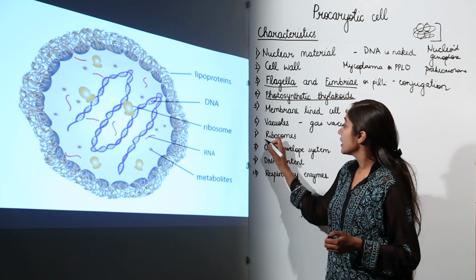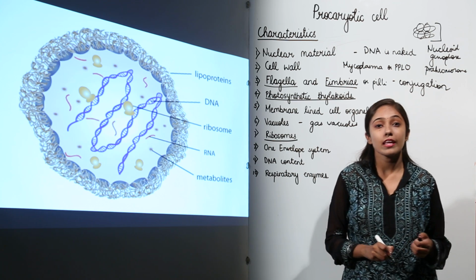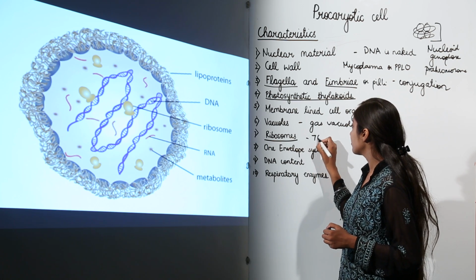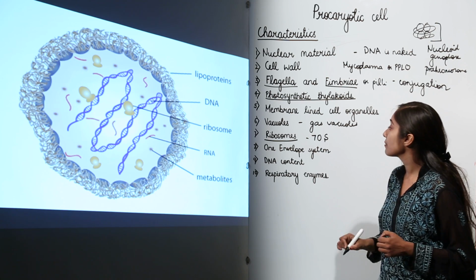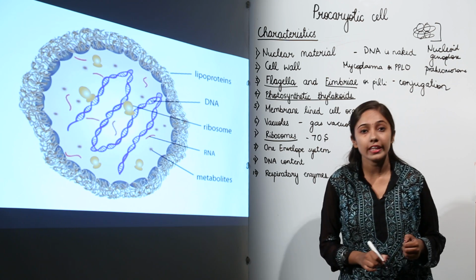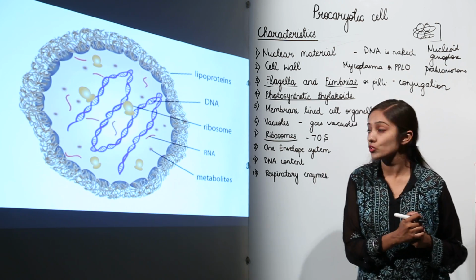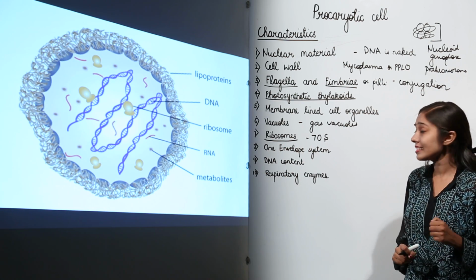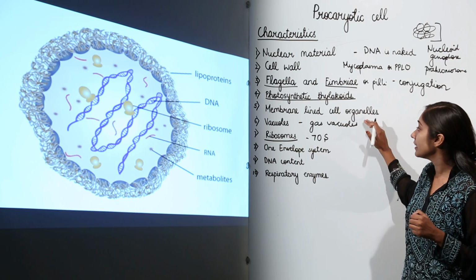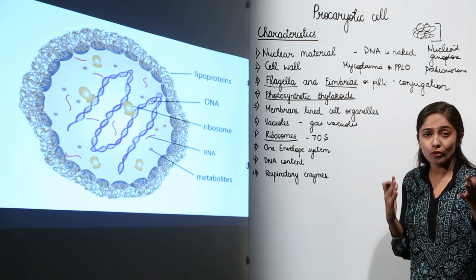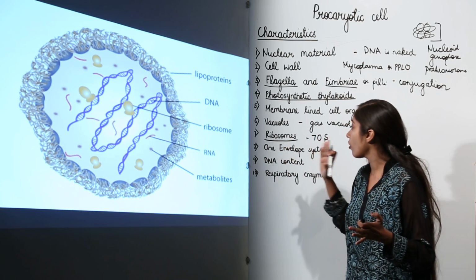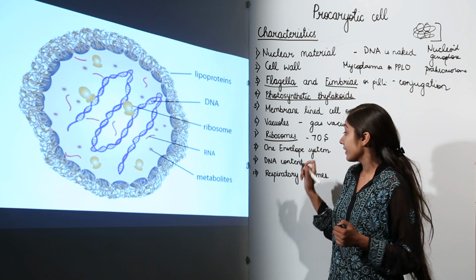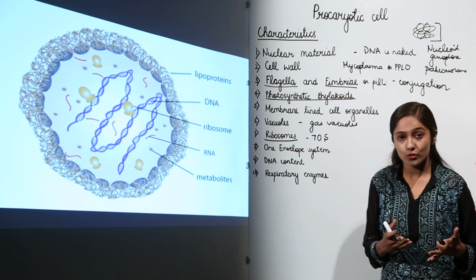Then ribosomes. Ribosomes are generally 70S type. In a prokaryotic cell, the type of ribosomes is generally 70S. They don't have 80S ribosomes, right? Then they have a one envelope system, since membrane-lined cell organelles are absent. Then DNA content is low in a prokaryotic cell.